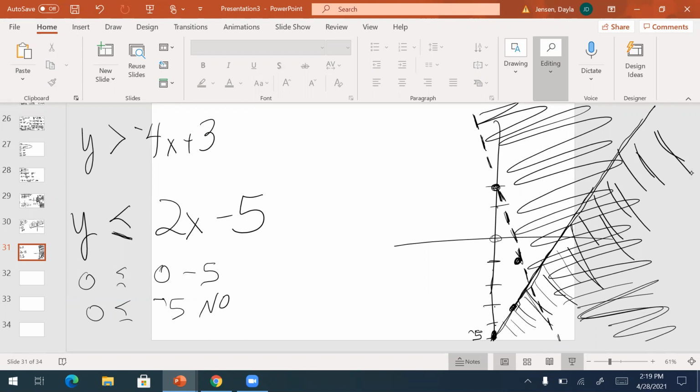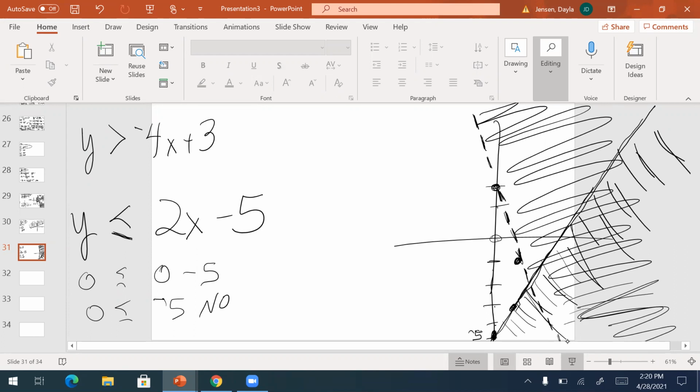Now, what I need to notice is where in this graph did I color both of them? Well, this area just satisfies the first one. This area down here just satisfies the second one.